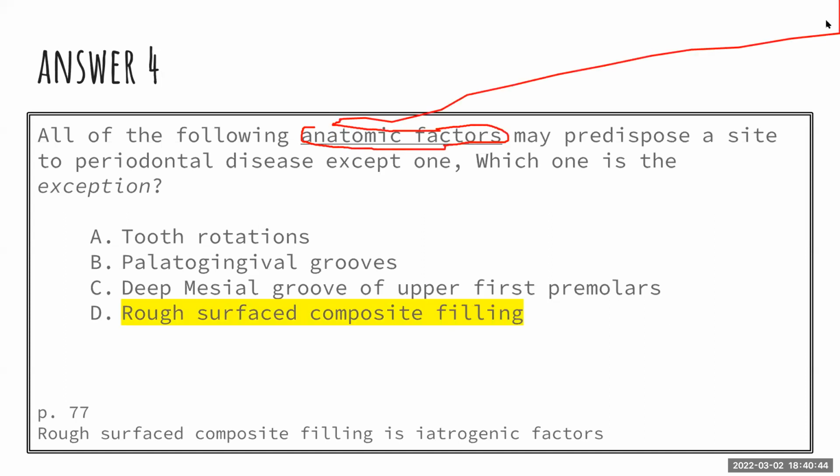Whoops. Anatomic factors, rough surfaced composite filling. The occlusal of the filling is an anatomic factor, but it's not part of the tooth. It's the man-made part of the tooth. So that would be kind of an iatrogenic thing.